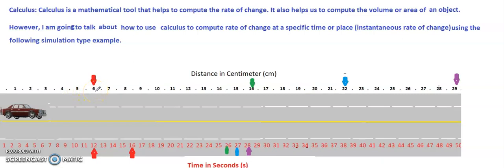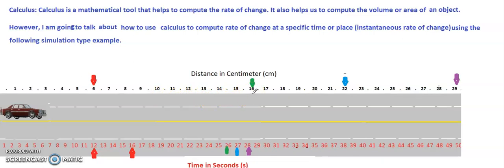Then the car is gonna stop moving for about 4 seconds, which is from 12 to 16 seconds. Then the car is gonna start moving again after 4 seconds and move with the same speed as previously all the way to 16 centimeter.